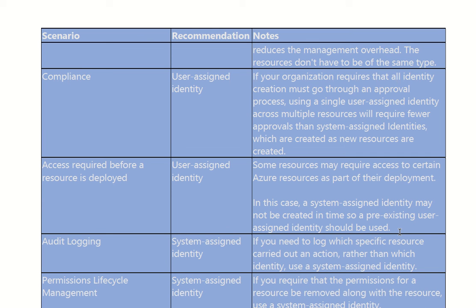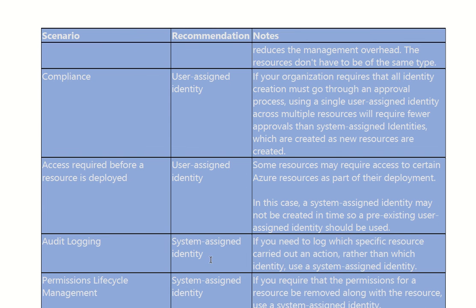That's the precondition. In such cases you can't go with a system assigned identity. Instead, you have a user assigned managed identity which already has all roles and permissions set up. Once you create that app service, you just point it to this user assigned managed identity and things will be carried out smoothly.